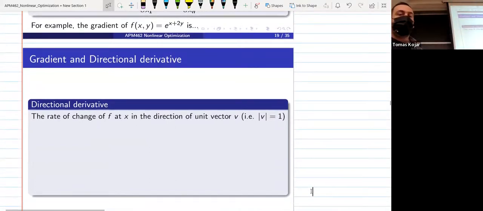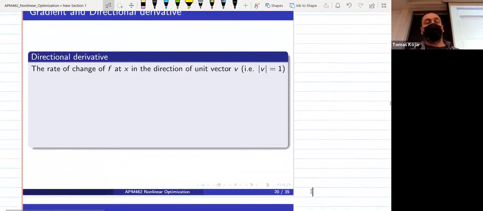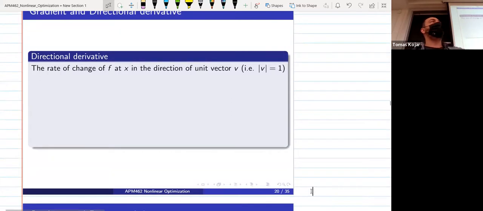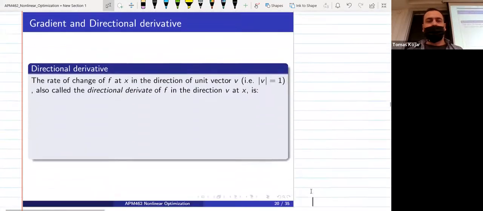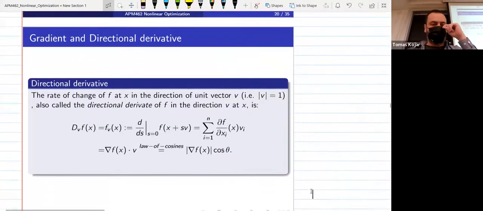We also need a quantity called the directional derivative. This is the rate of change in a certain direction. When you're in one dimension, you only have one direction, so you don't really care. But in higher dimensions, the change depends on where you point. Here's the definition.